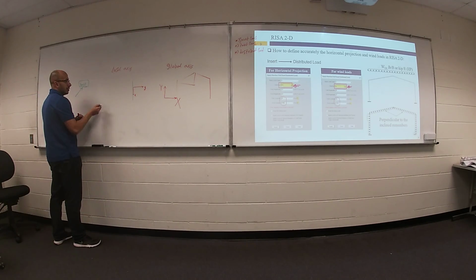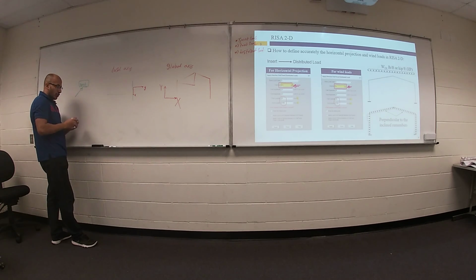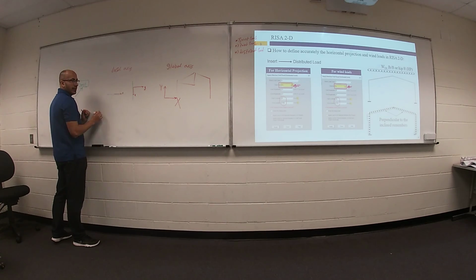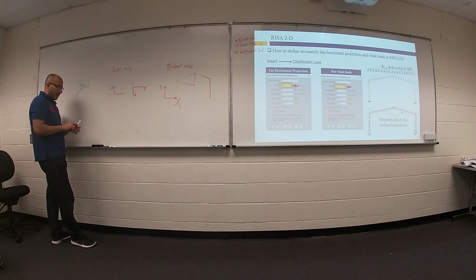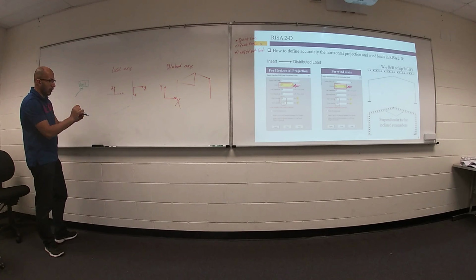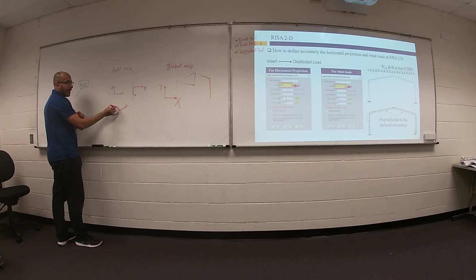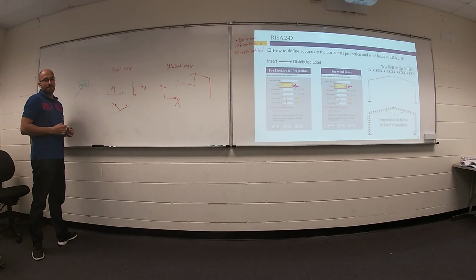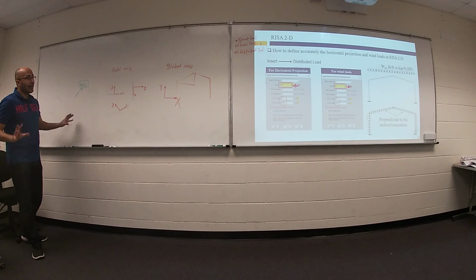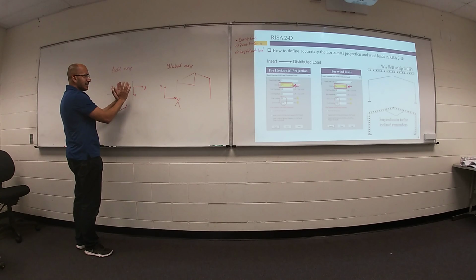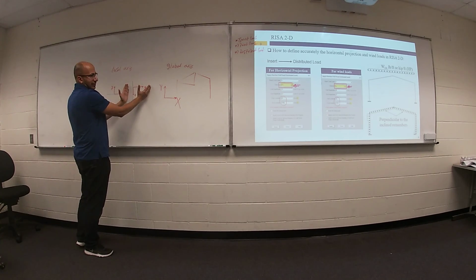If you have a horizontal member or an inclined member, it is the same. So for local axis, each member has its own axis.